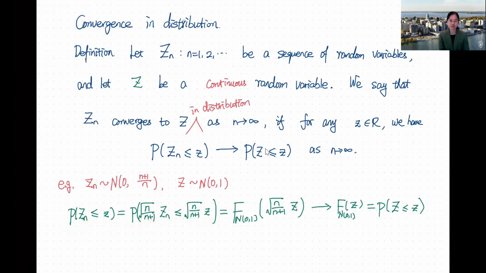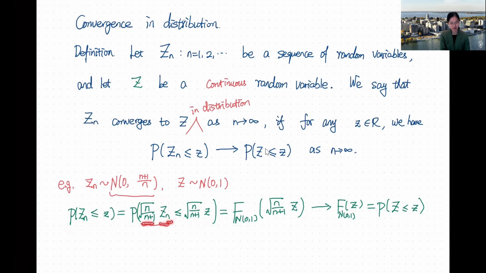The reason I want to do that is I want to have a random variable here that is standard normal distributed. So Zn is normal 0, (n plus 1) over n. Therefore, this constant times Zn is also a normal random variable.